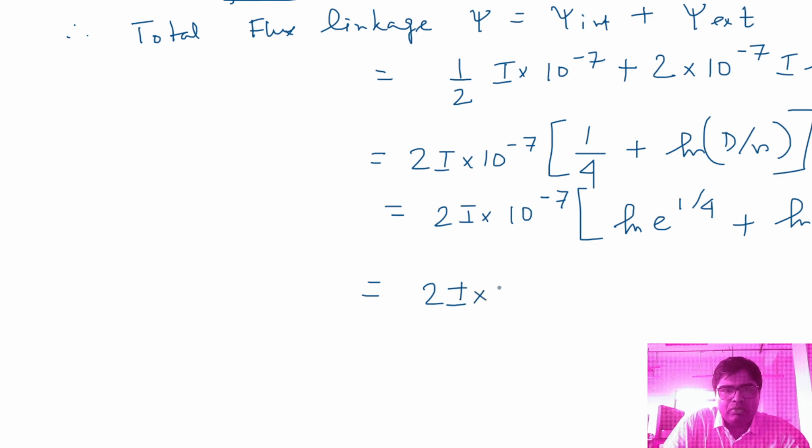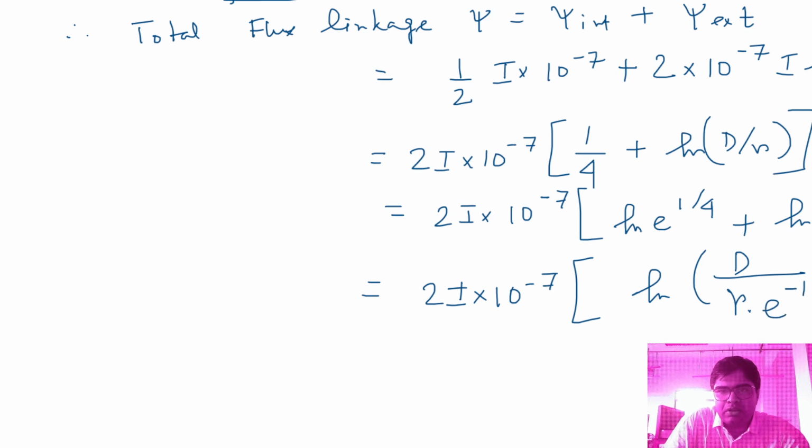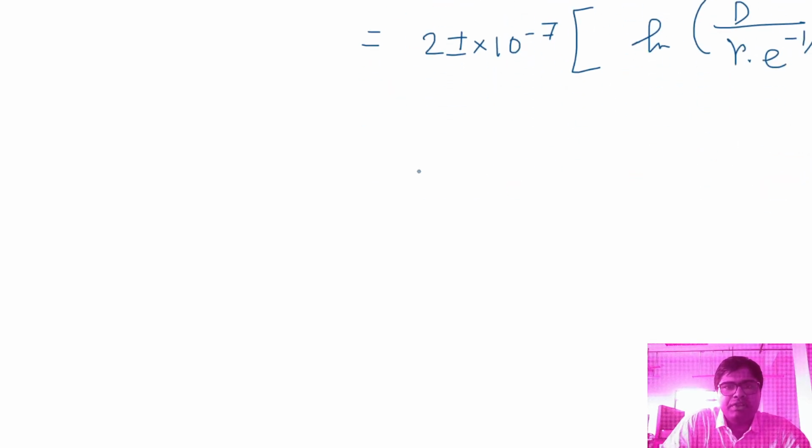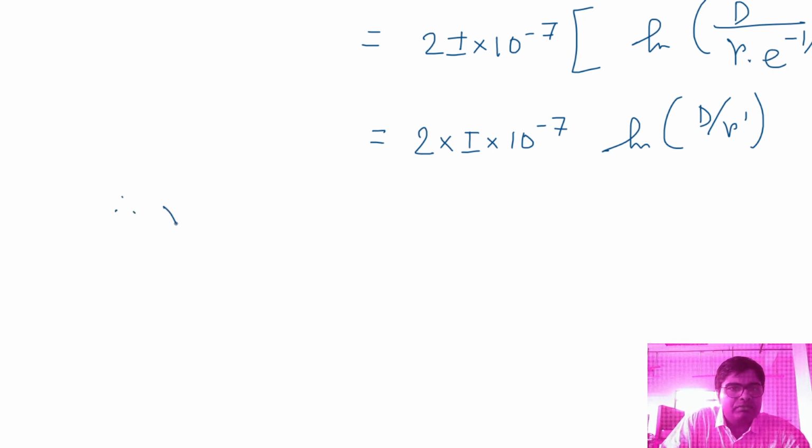So this overall expression inside the square bracket can be written as ln d by r into e to the power minus 1 by 4, which is represented as 2 into I into 10 to the power minus 7 ln d by r dash. What is r dash? R dash is equal to e to the power minus 1 by 4 into r.